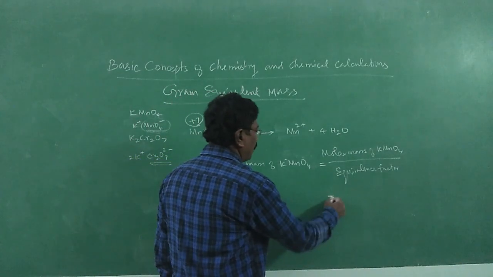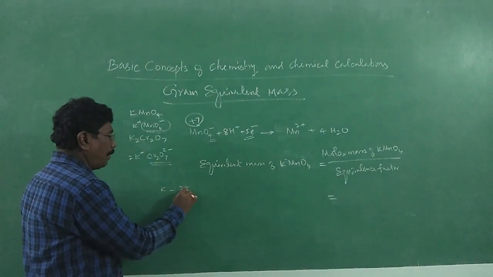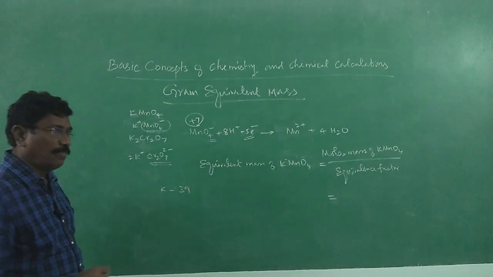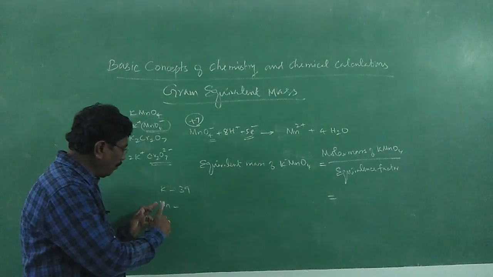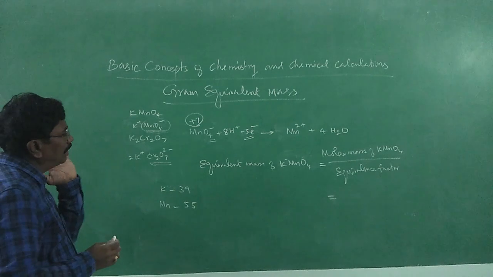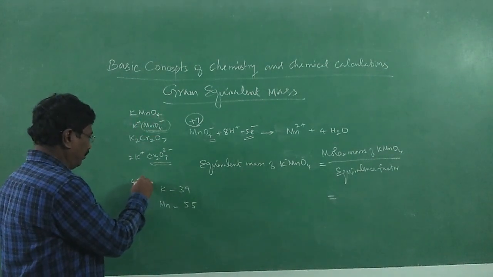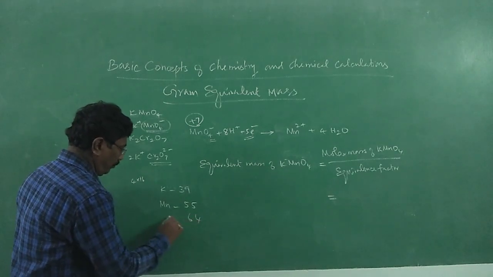For potassium permanganate, what is the molecular mass? K, 39. For manganese, the mass is 55. And it has 4 oxygen atoms, 4 into 16, 64.